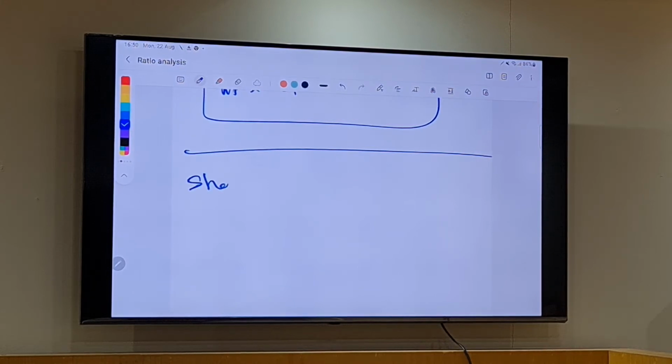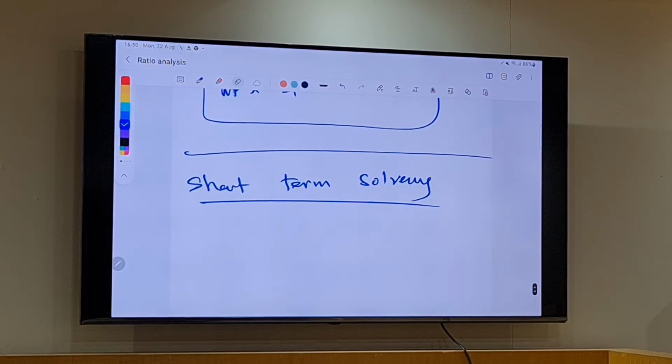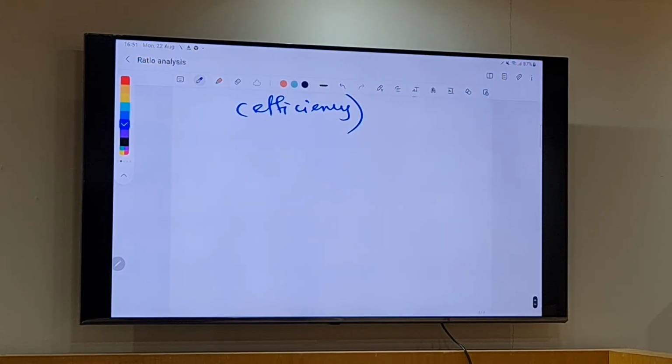Next one, short-term solvency. We call it another name: efficiency. First one is inventory turnover ratio.